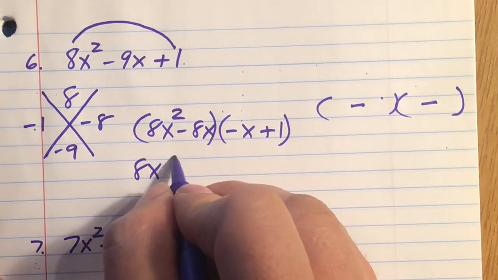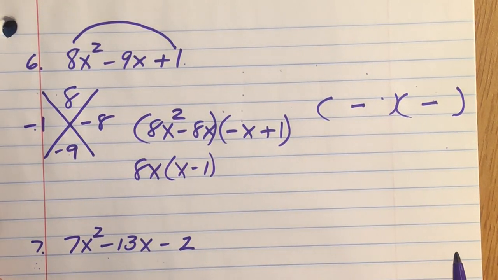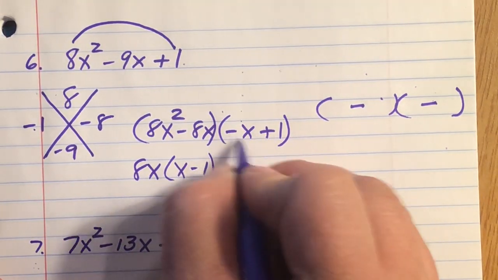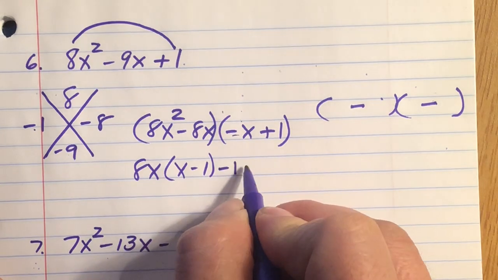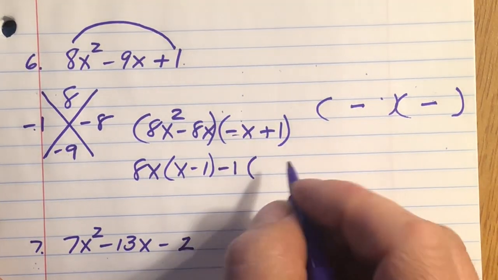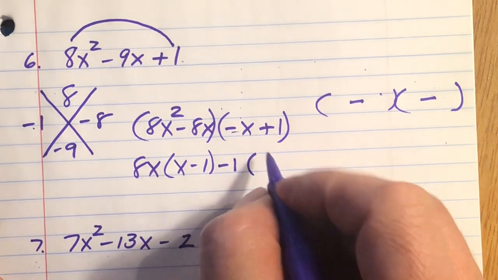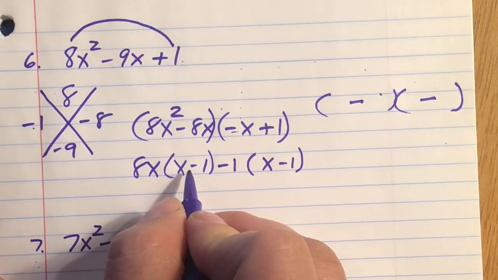Now I'm left with x minus 1. This doesn't have any factors, but I can take out a -1. The reason why I take a -1 out is because if I divide each term by -1, then I'm left with x minus 1, which is exactly the same as that one.